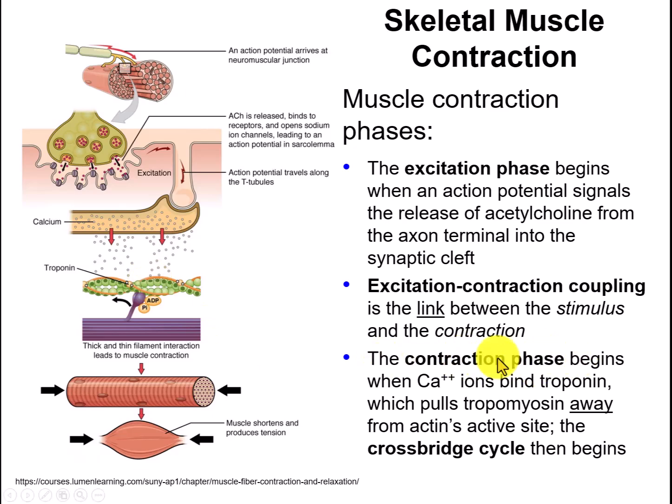And so this starts the contraction phase. So three main phases: excitation, excitation-contraction coupling, and then the contraction phase. And so now that we have the calcium bound to the troponin, it changes conformation, pulls the tropomyosin off of the actin active sites.